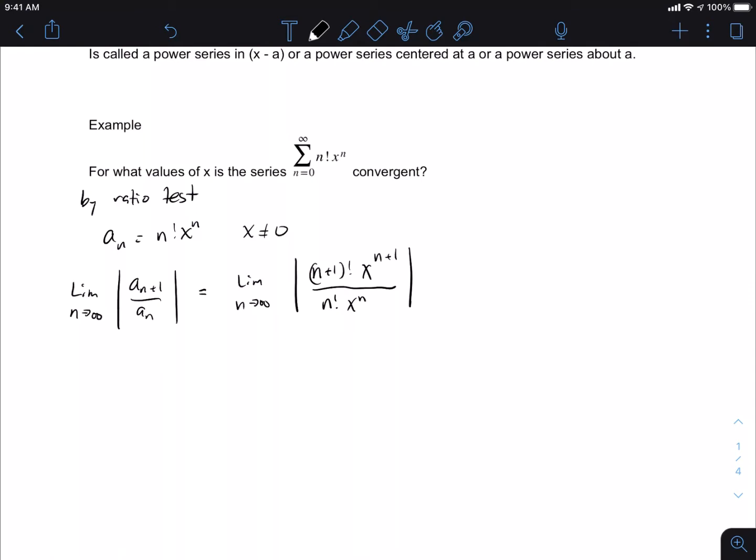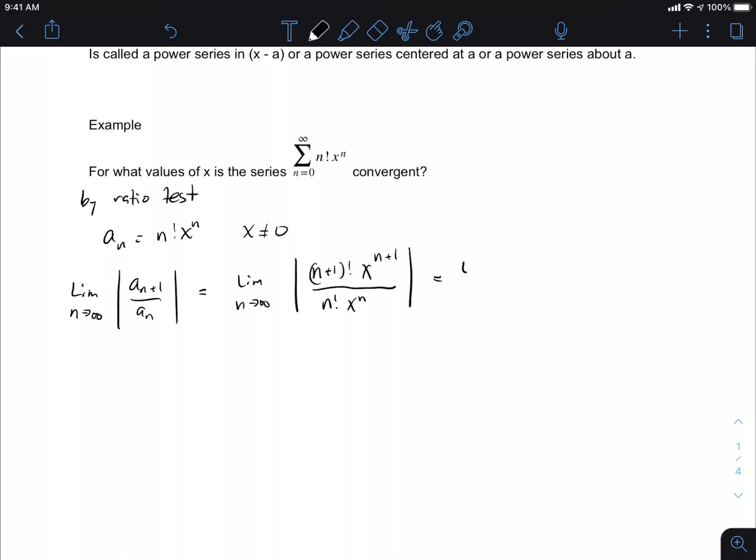So what we can see from here is I can rewrite it as n plus 1 times n factorial, so the n factorials cancel out. And I can also get rid of all of the x's except for 1.